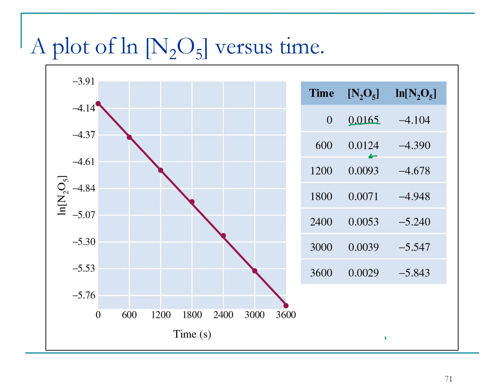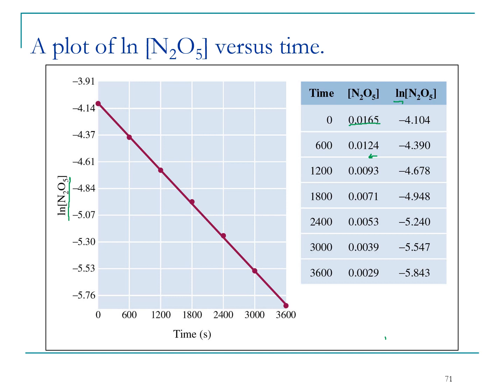Anyway, back to this problem. Here are our concentrations, and we took the natural log of each number. The natural log of 0.0165 is negative 4.104. The natural log of 0.0124 is negative 4.39, etc. If we plot natural log of concentration versus time and get a straight line, that tells us this reaction is indeed first order.